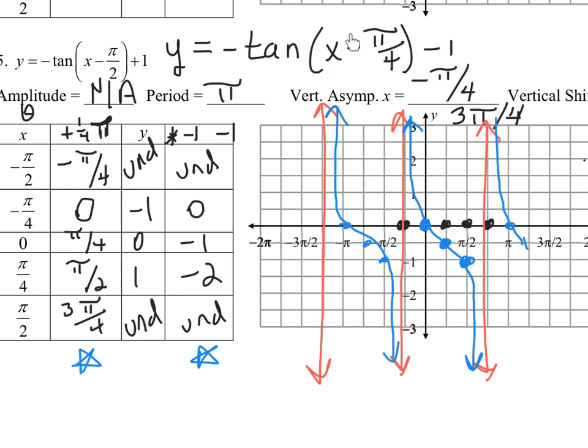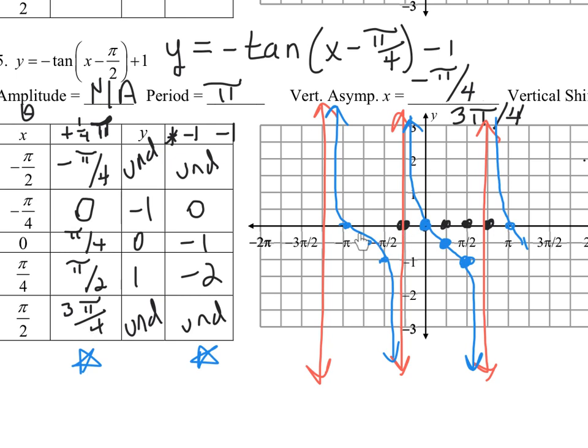Next, we look at what other changes we're doing to the angle here. It looks like we have a phase shift of pi over 4. So we're actually adding pi over 4 to all of our angle measurements. So I went down the angle measurements here and I added 1/4 pi to all of my angle measurements. And I ended up with negative pi over 4, 0, pi over 4, pi over 2, and 3 pi over 4.